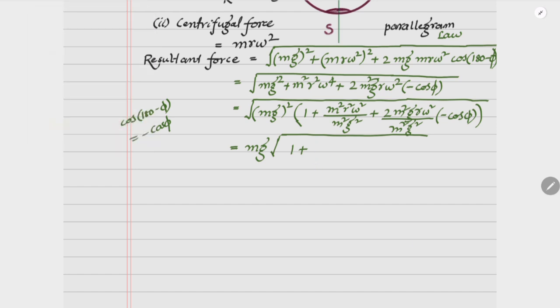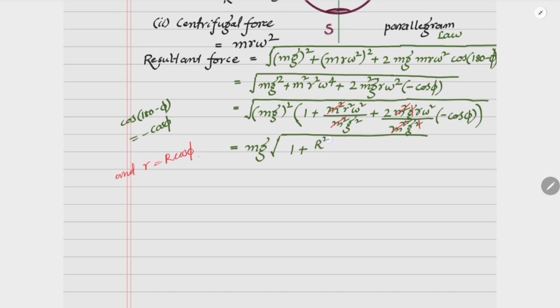Now you can cancel this m square and m square, and the g. The remaining leftover terms you can write under the root. Before that, you need to know another relation, r equal to R cos phi, which we also derived at the starting of this topic.